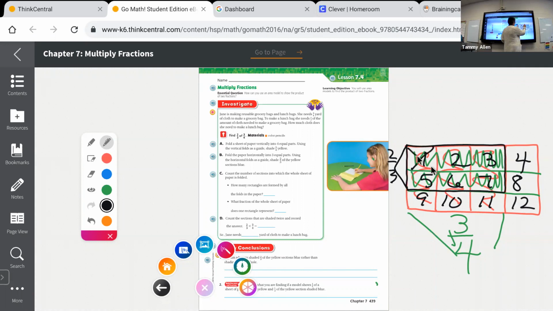I want that piece, that piece, that piece, that piece, that piece, and that piece. How many pieces did I want of the entire rectangle? 6 out of the 12. I wanted 6 twelfths, which is actually 1/2.